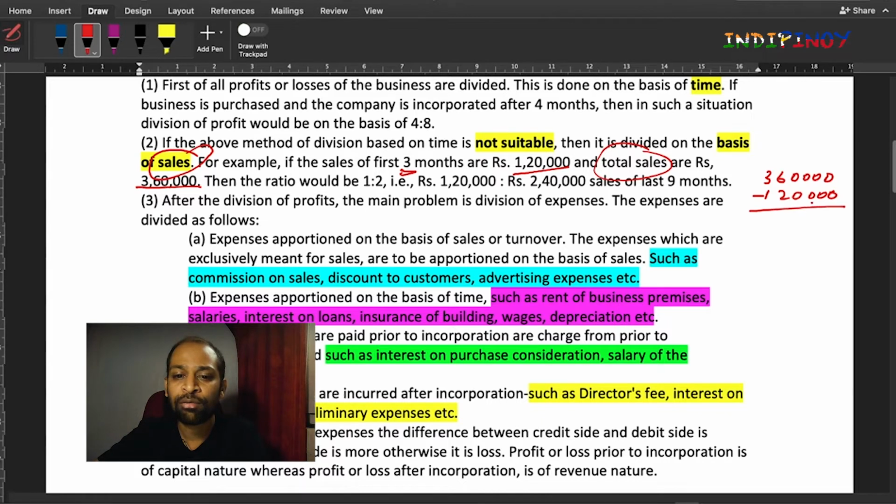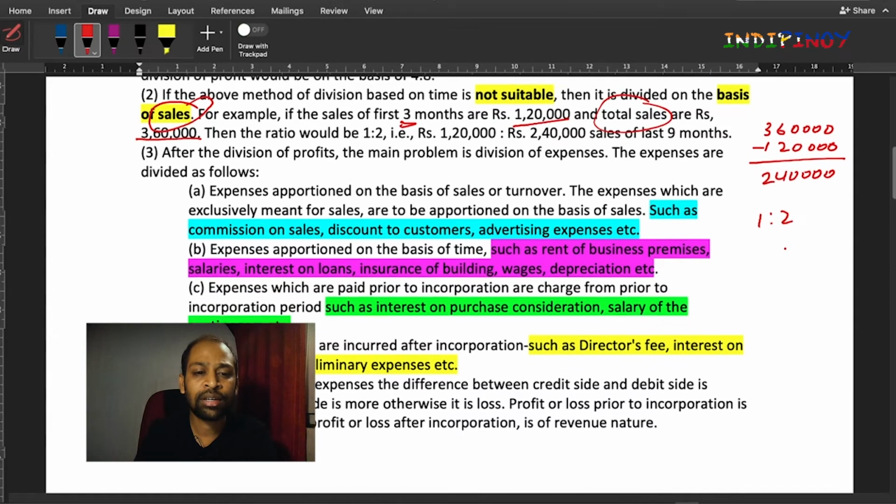What are you left with? You're left with 2,40,000. So the ratio here is 1:2. So this is based on sales.